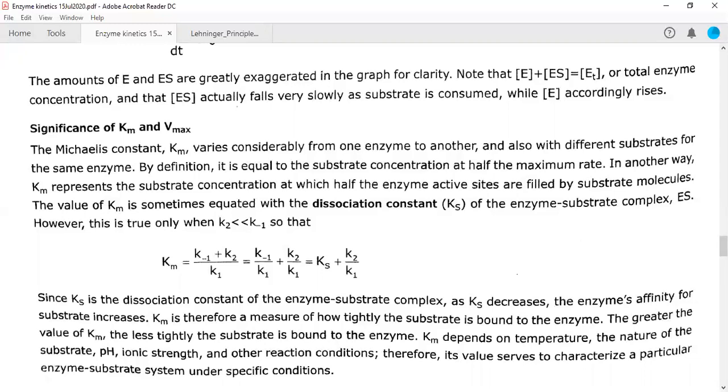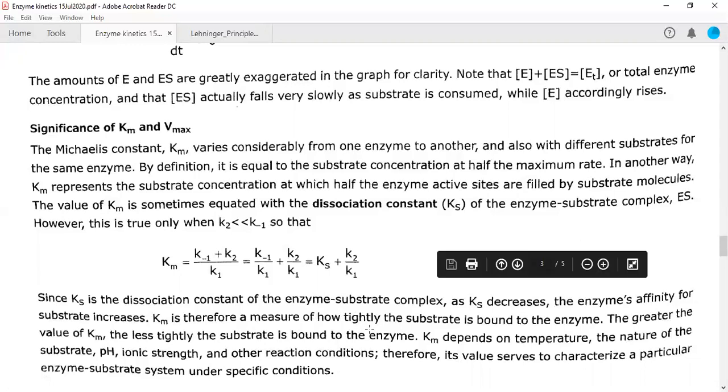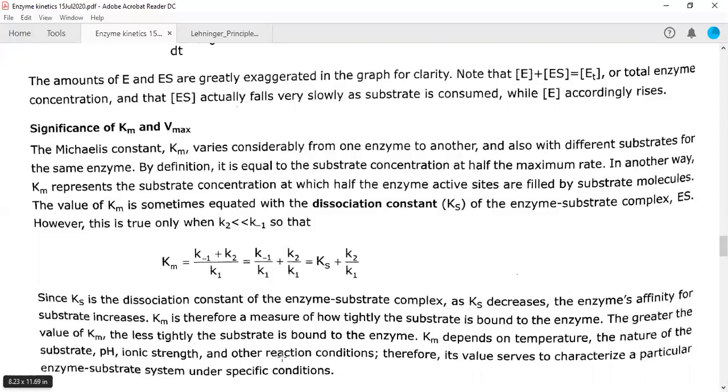So two things it tells: under which specific conditions the reaction is happening, and how tightly the substrate is able to bind to its enzyme. If the Km value is less, it will bind tightly; if the Km value is high, it will bind less tightly. And because it is affected by temperature, pH, and ionic strength, it also tells something about the specific conditions of the reaction.